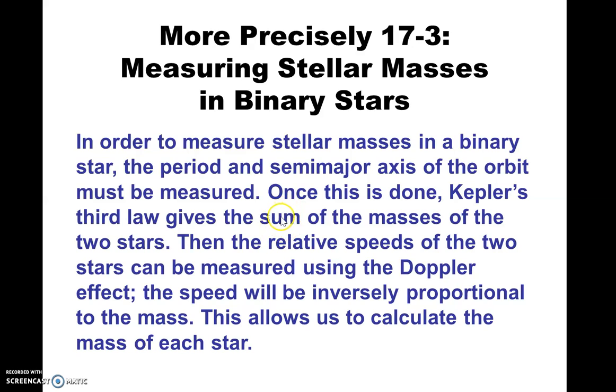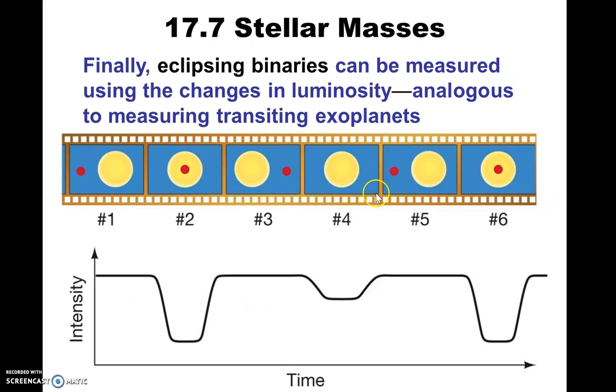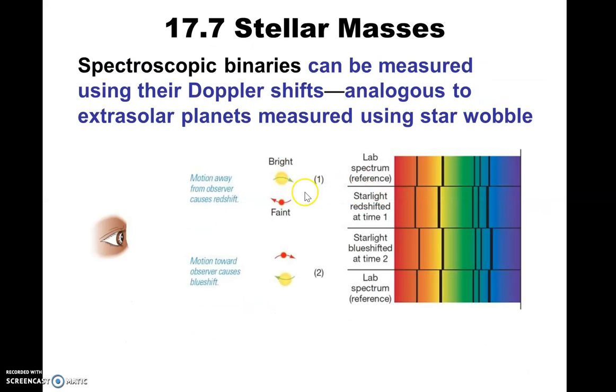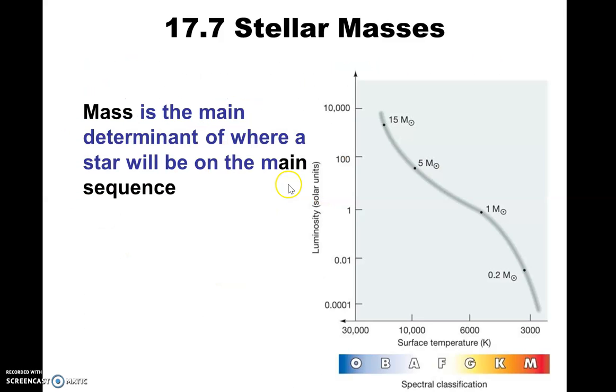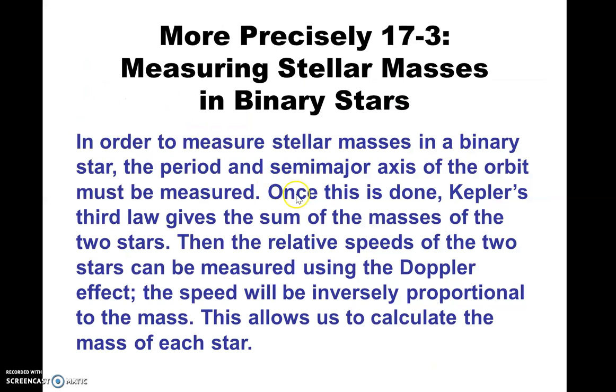Now, the thing is, when you have binaries, let me go back to this picture, even like this. Okay, so two stars orbiting each other. What Kepler's law does for you is it'll give you the total mass of the two stars, right?